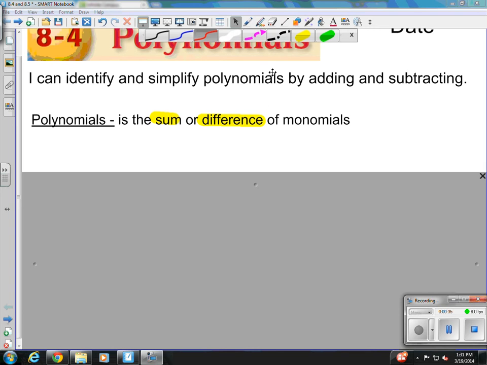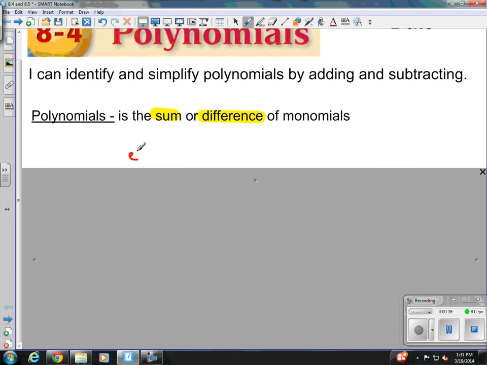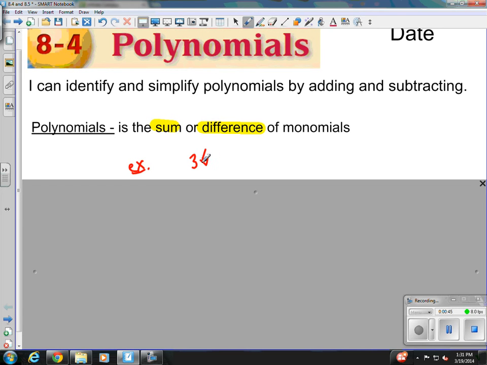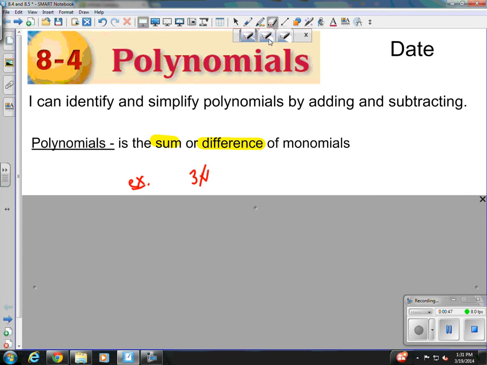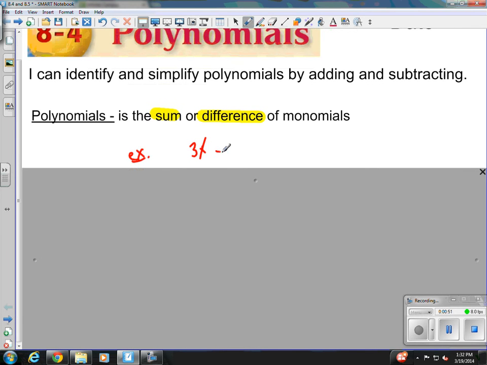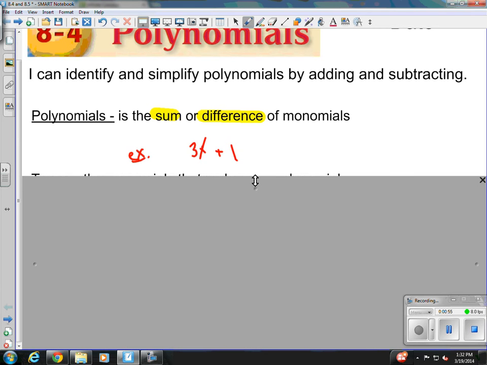Since a polynomial is the sum or difference of monomials, an example would be 3x, which is a monomial, and sum means I'm allowed to add, so I can just add plus 1. Another one would be 2x squared, that's a monomial, minus 12x, because that's another monomial. So we can now add and subtract.